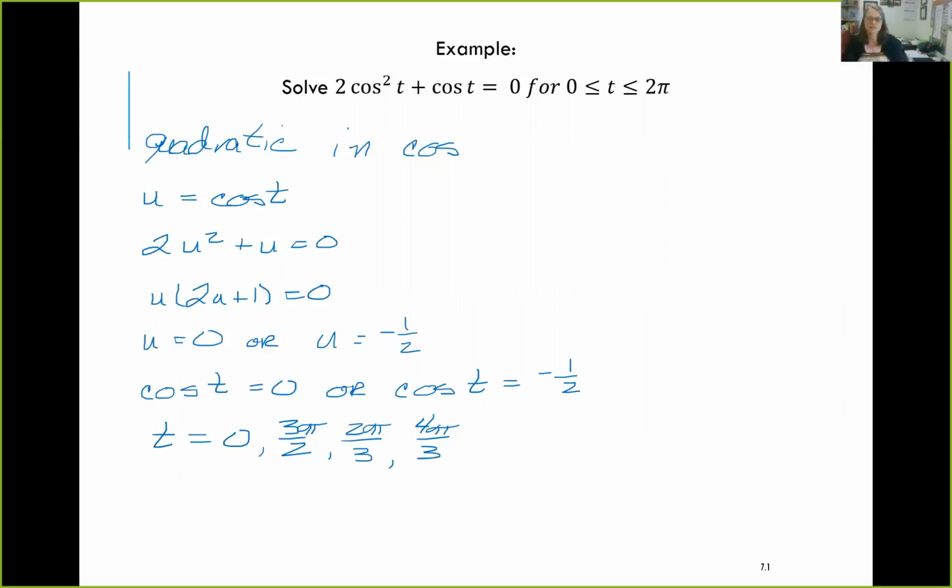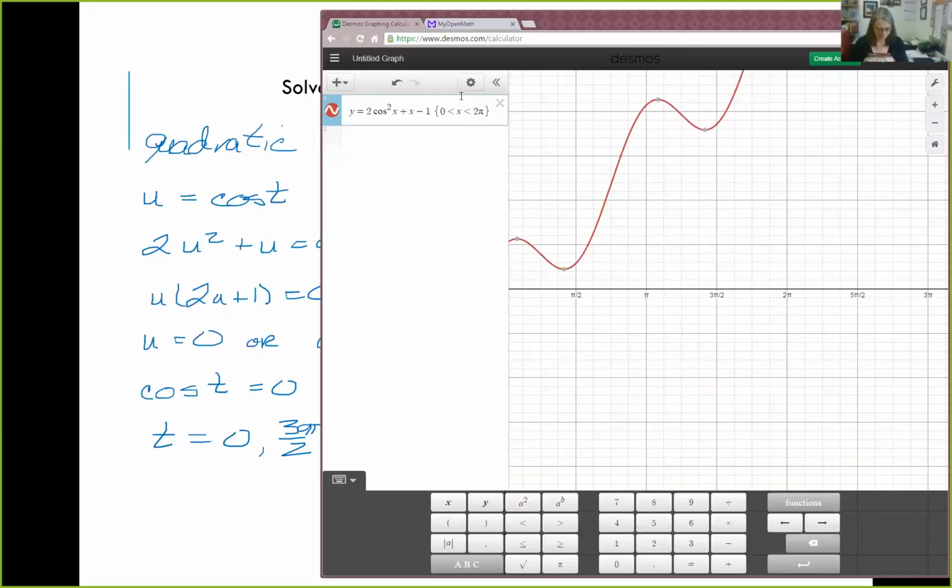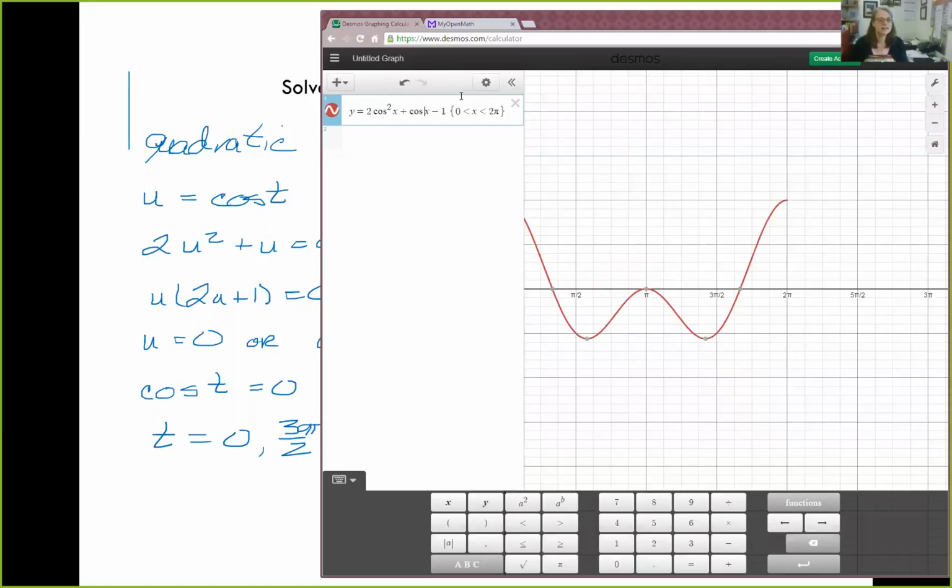Let's consult Desmos, check a graph, just to make sure we didn't miss anything. There it is. Okay, so what I've done is I've graphed y equals 2 cosine squared x plus cosine x.